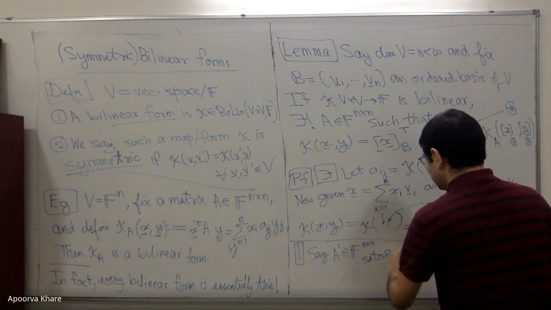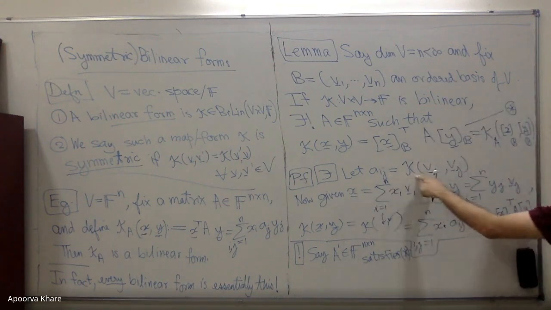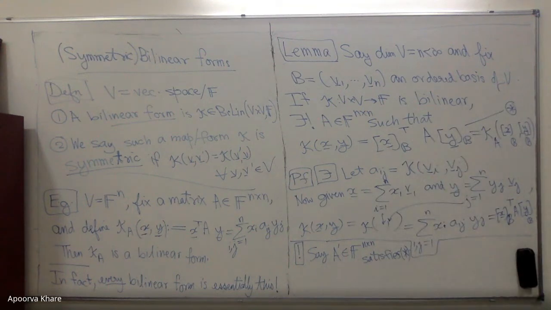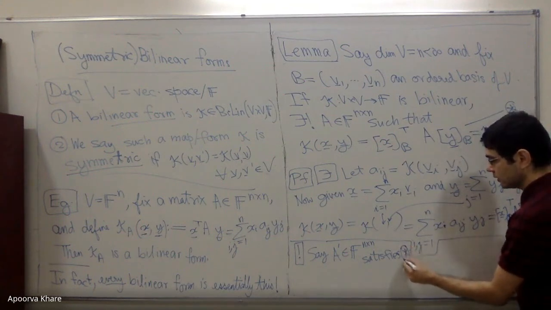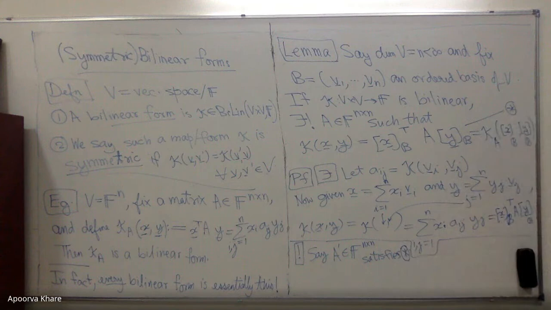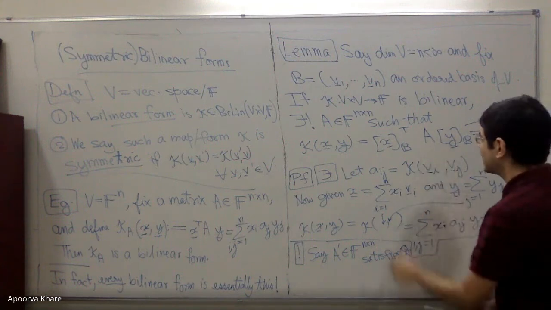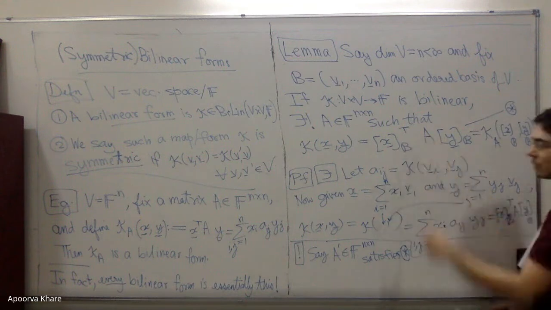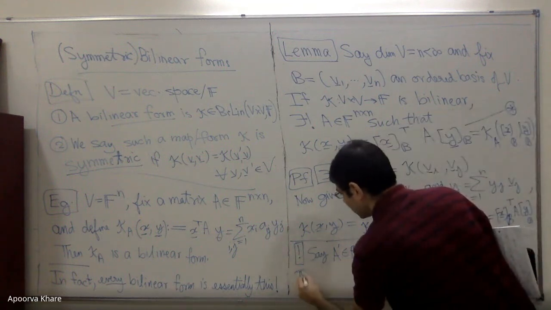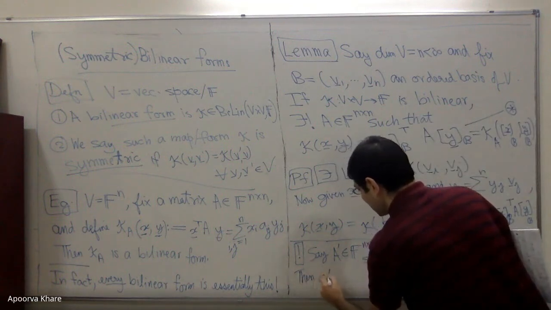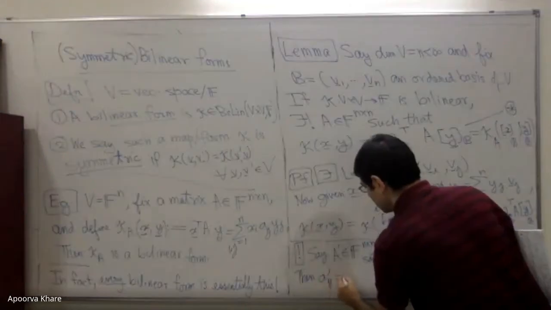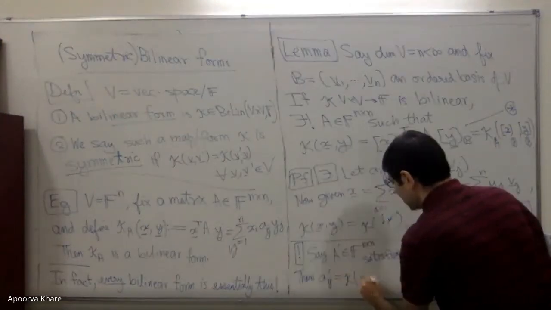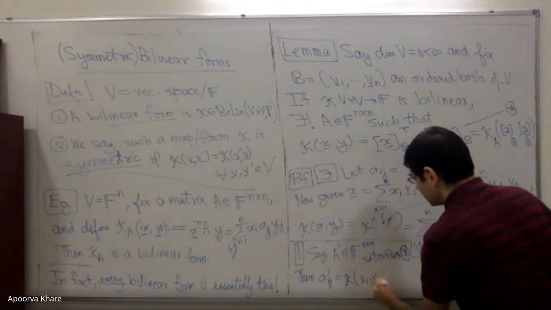I want to show that A prime equals A, where A is given by this matrix. Then what do you do? Let's calculate the ijth entry, and the ijth entry is given by Ei transpose A prime Ej. So A prime ij is kappa of Vi Vj.